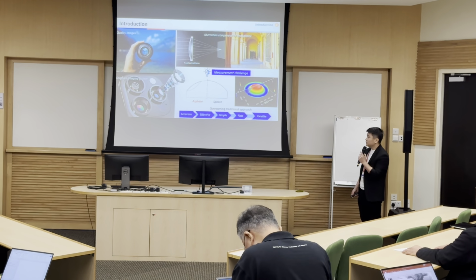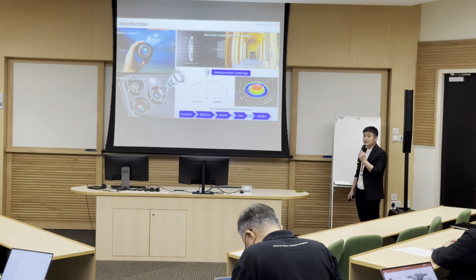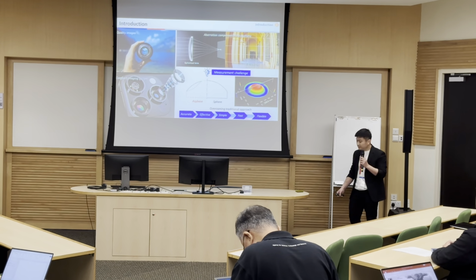A method that is accurate, effective, simple, fast, and even flexible is needed. Today I propose a novel method to measure the aspheric surface using a non-null measurement, the radial shearing interferometer.